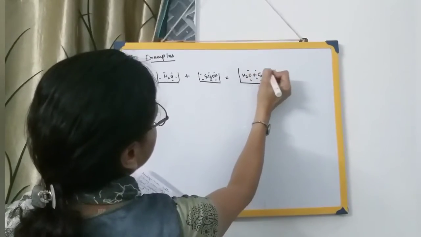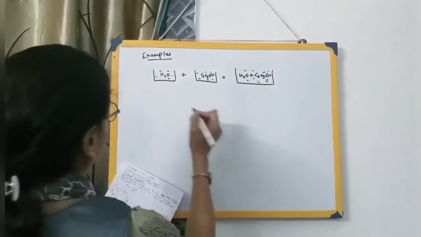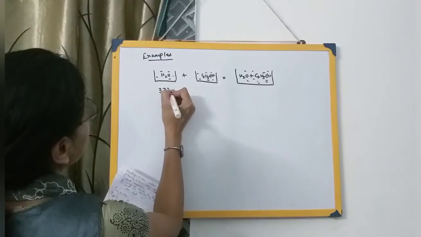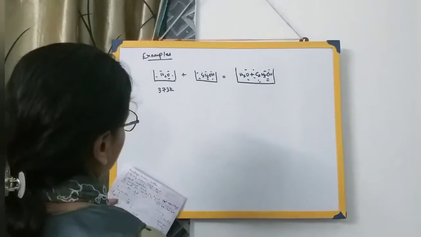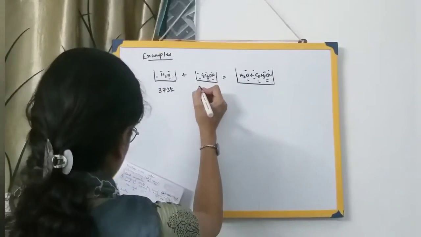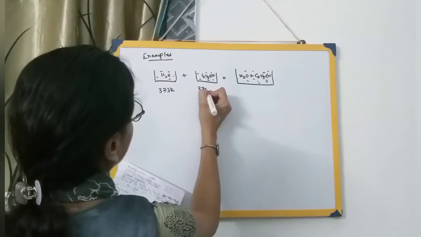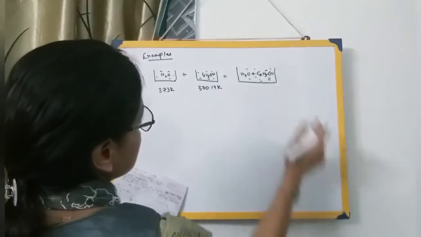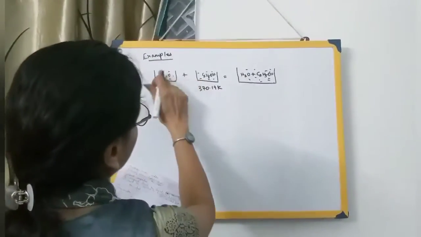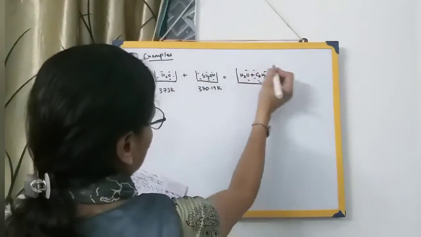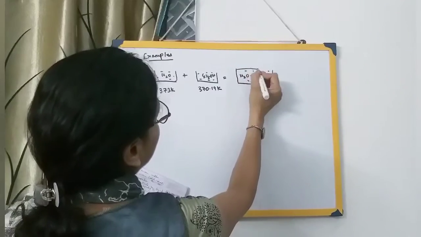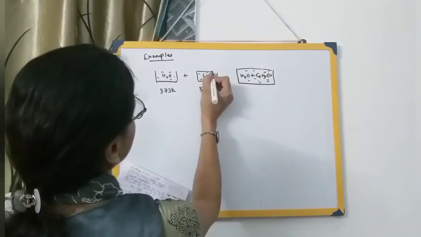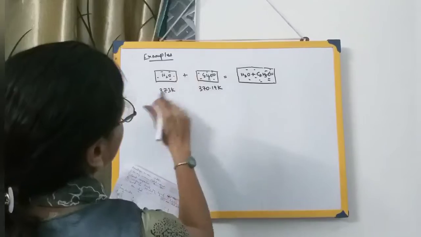Now here, the boiling point of water is 373 Kelvin, and here it is 370.19 Kelvin, and this solution which is obtained from both of them, suppose we are closing it and we have found out the boiling point.